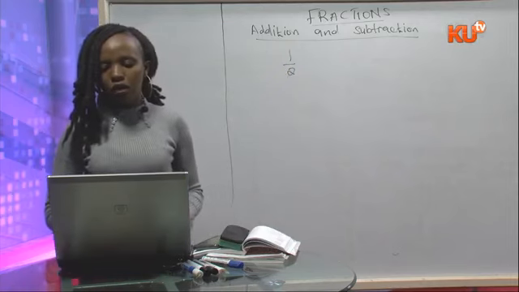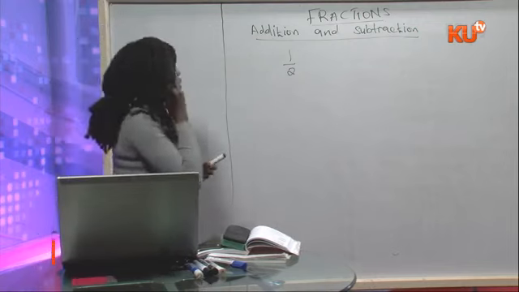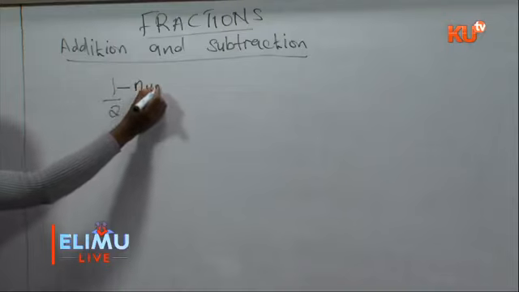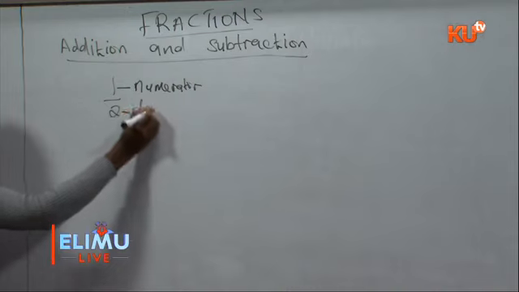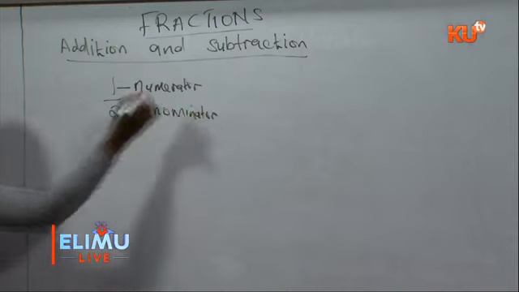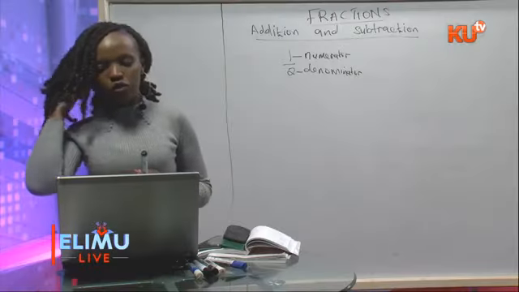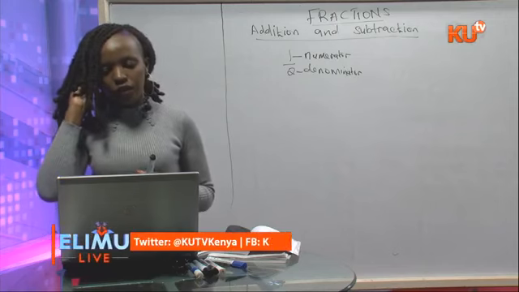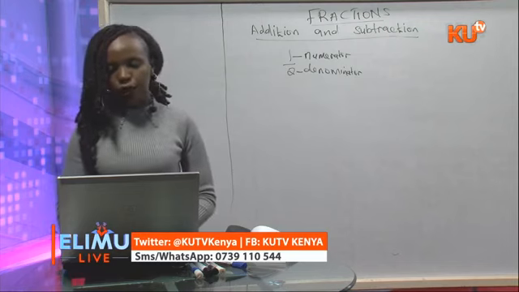In this one, 1 is the numerator and 2 is the denominator. The numerator, we write it on top, and the denominator is down.